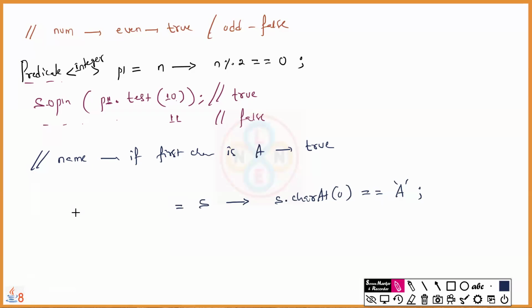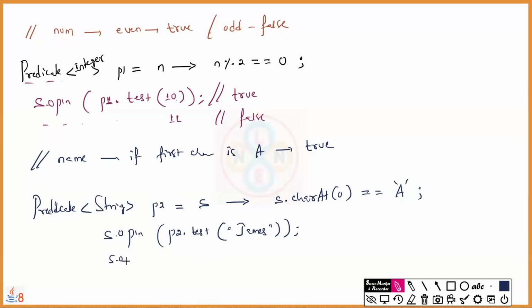For this scenario also, we have to go for predicate. We need not define any interface. The predefined one is Predicate, generic type String, then some reference name, p2. Then use this p2 with the test function. That is p2.test of, say, a string called James.